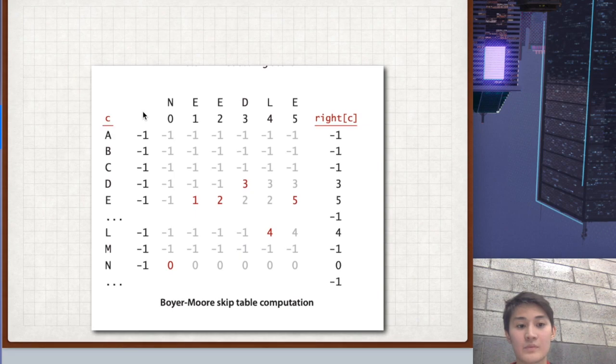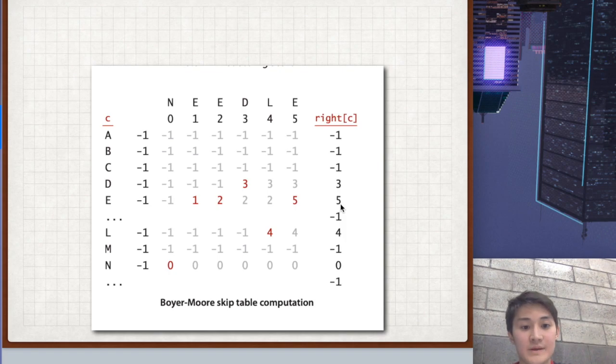And if the character, like D, is in our pattern, we give it its rightmost position, and we take and give it its index. We can see this with the character E. We have 3 E's in our pattern, but we use the rightmost E, whose index is 5, and we give it index 5.